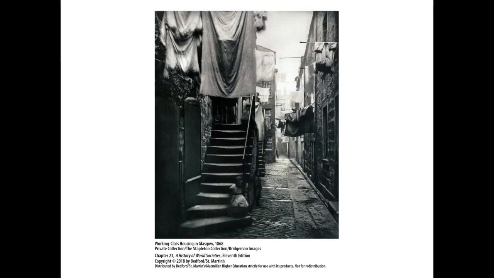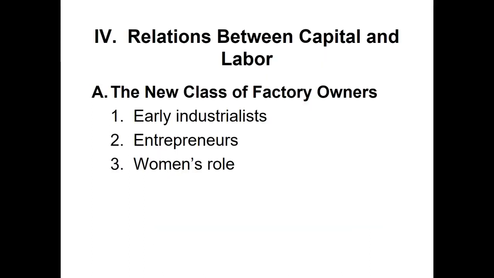Some of the responses to industrialization include new classes that emerge. You'll see, for example, the beginnings of the entrepreneurial class, the factory owning class. They don't get their wealth from land; they get their wealth from capitalism.